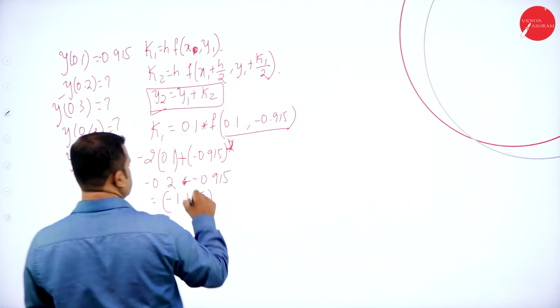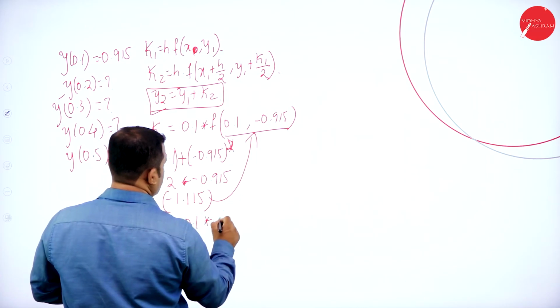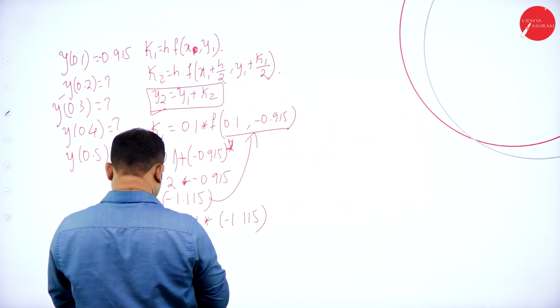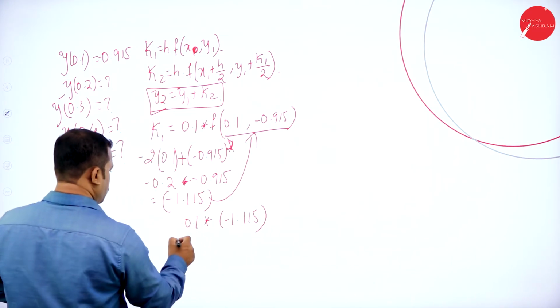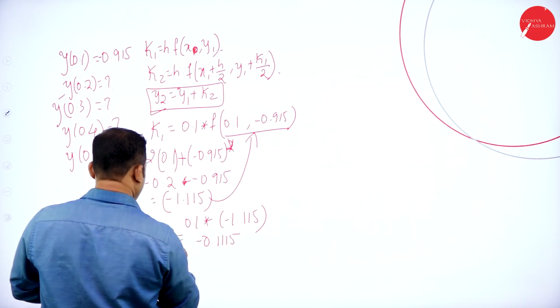This is this. Let me substitute this into this equation. That is 0.1 into minus 1.115 into 0.1, that is equal to minus 0.1115, that is the value of k1.